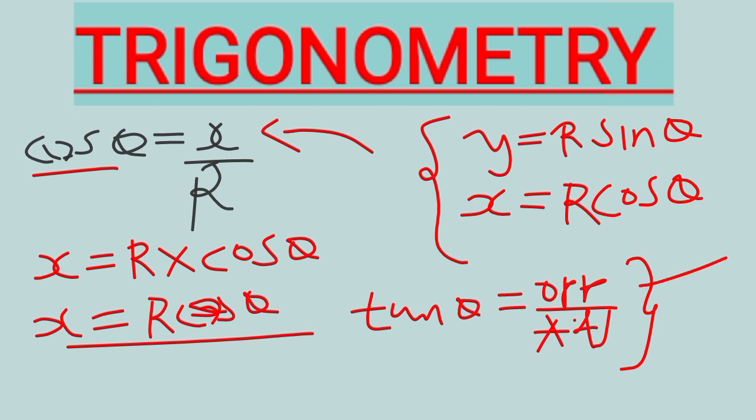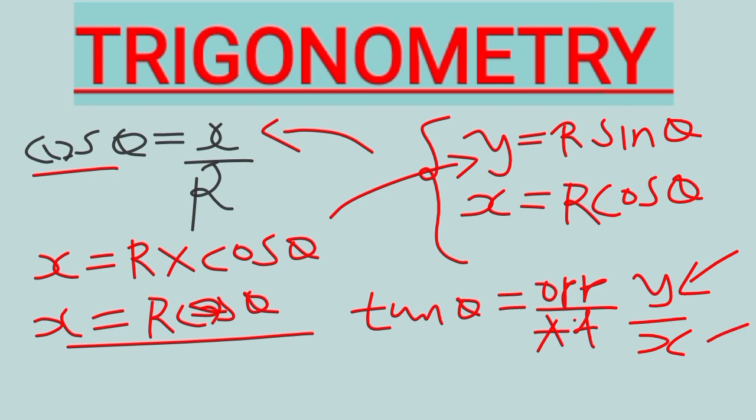Where there was opposite, we are now representing it with y, and adjacent with x. So tan theta will be equal to y over x. We can put the value of y there, and the value of x there, which is r sin theta over r cos theta.